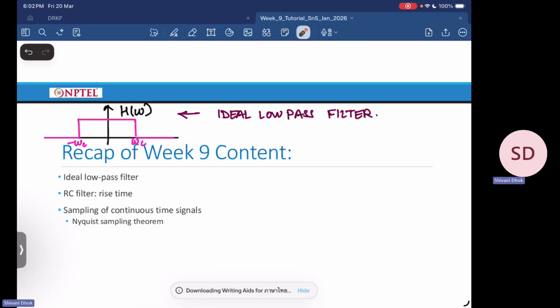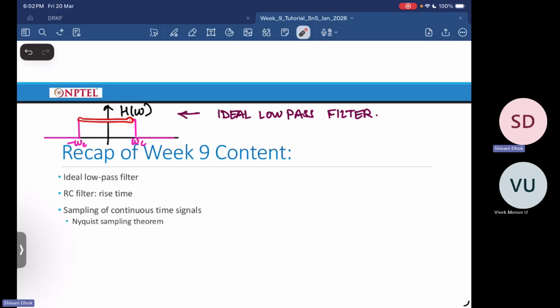What do you basically mean by ideal low pass filter? This particular band is known as the pass band because it allows passing of these frequencies, and this particular band is known as the stop band.